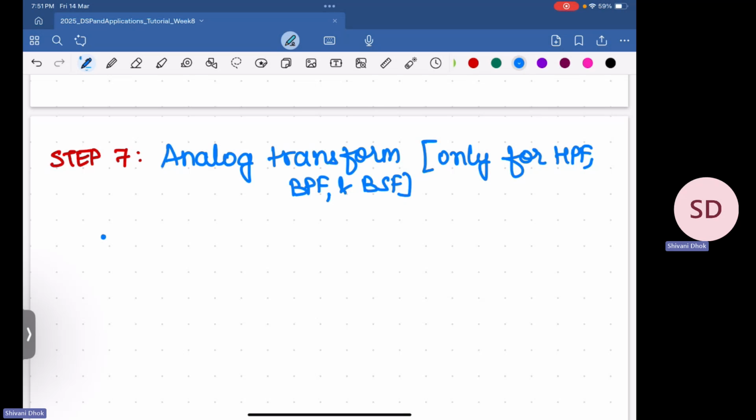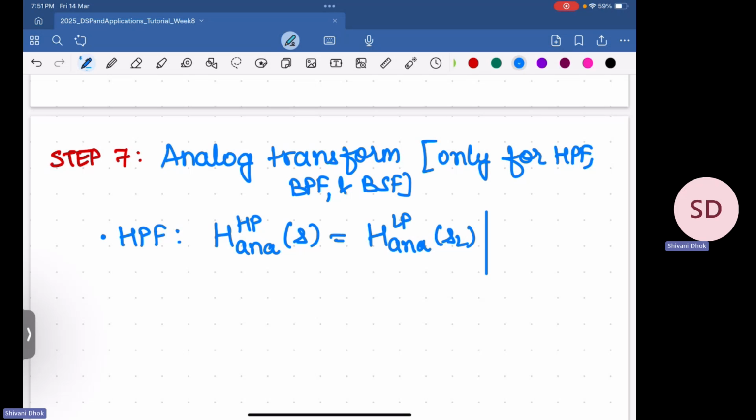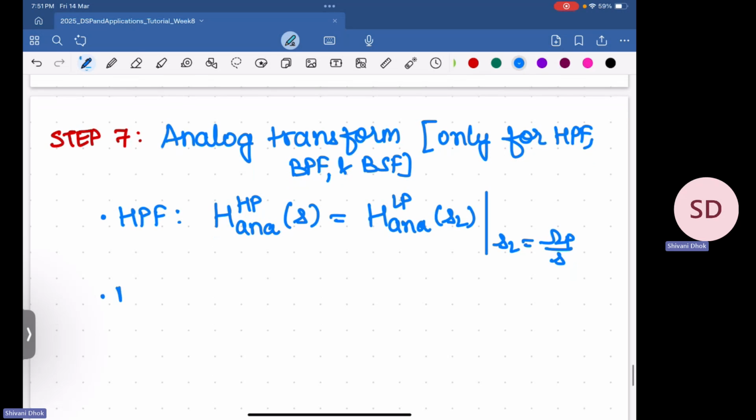So for a high pass filter, H analog of high pass of S is given by H analog of low pass of SL, where this SL is evaluated at omega p by S. And for the band pass filter, we have seen this.